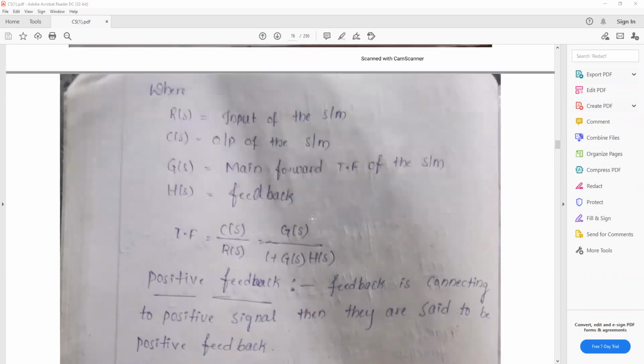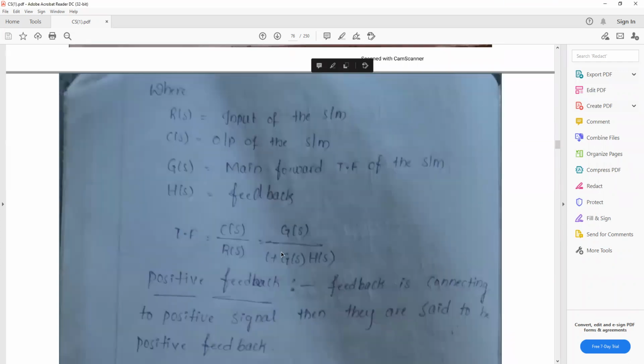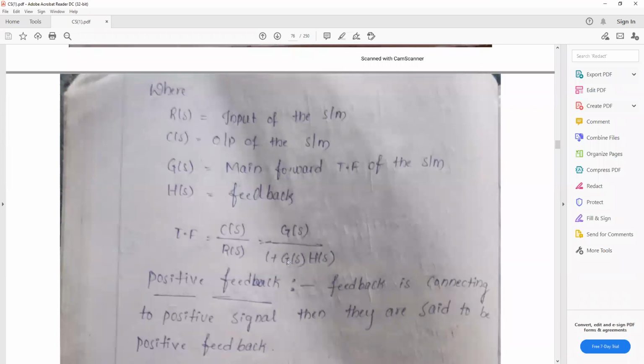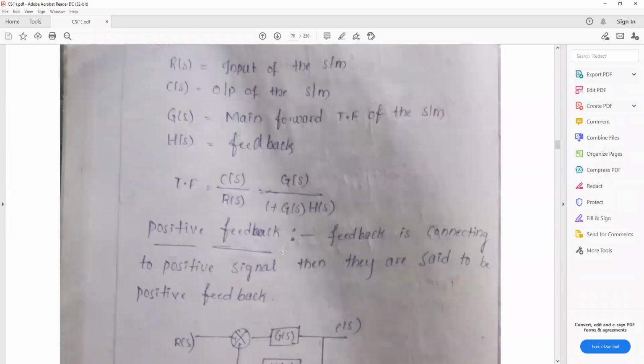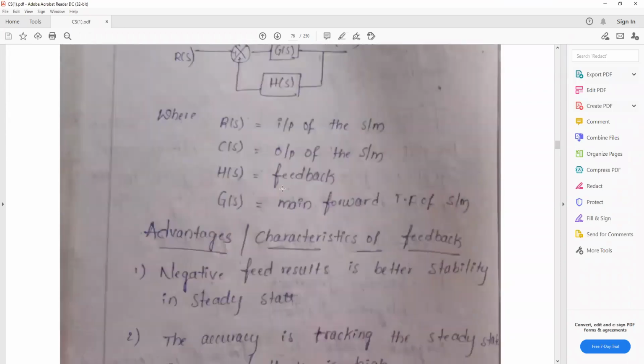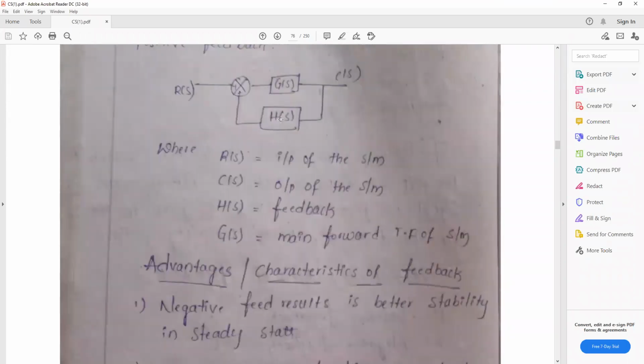So the transfer function of negative feedback is the main forward transfer function G of S by 1 plus G of S into H of S. And for positive feedback, G of S by 1 minus G of S H of S.